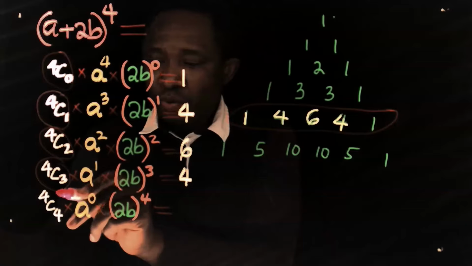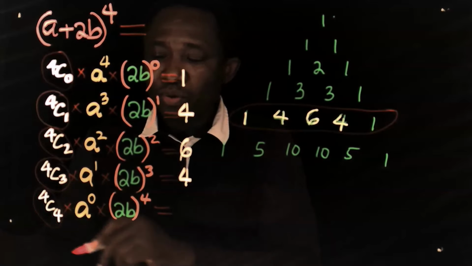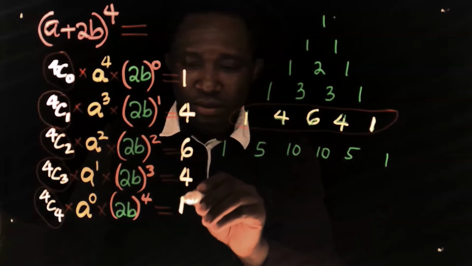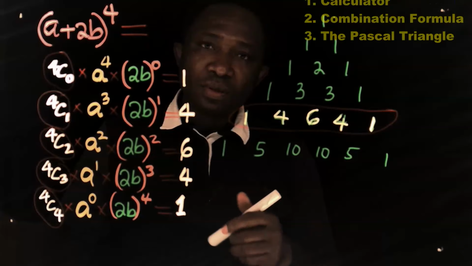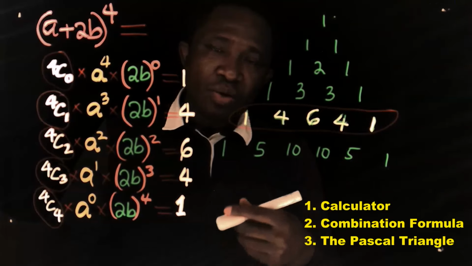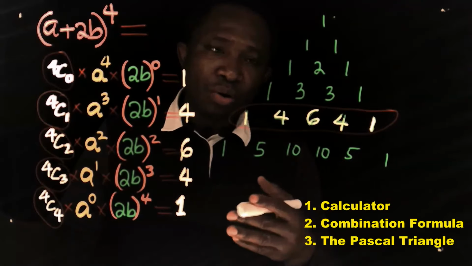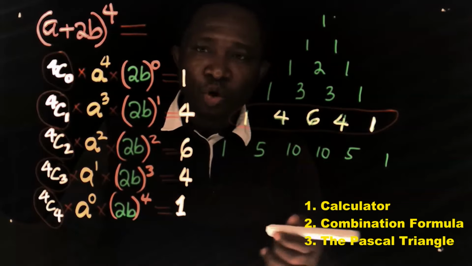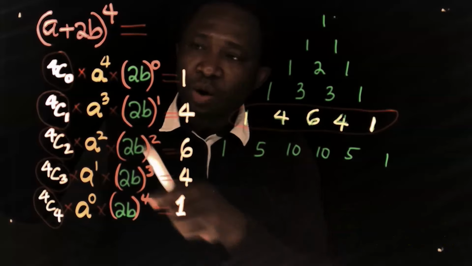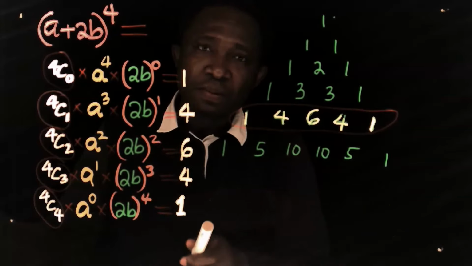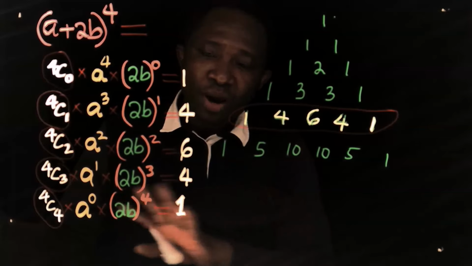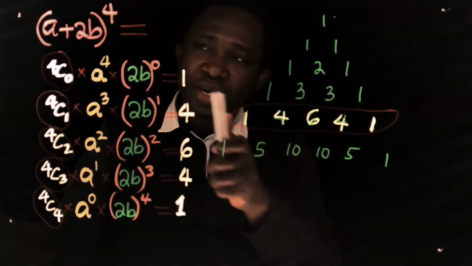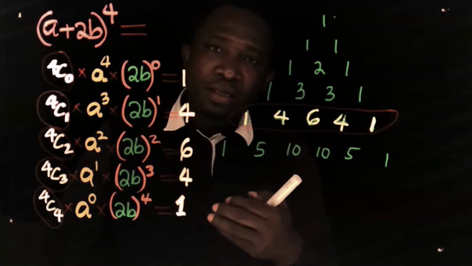Next, for 4 combination 4, we are going to have 1. You see, you can use your calculator or the formula or Pascal's triangle to obtain the coefficient of each of the terms. You can do this for any binomial expansion problem, considering the highest power in the expansion.